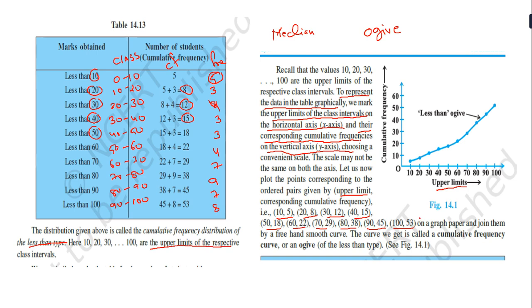That way if you draw the graph, it is called an ogive, a less than type frequency graph.